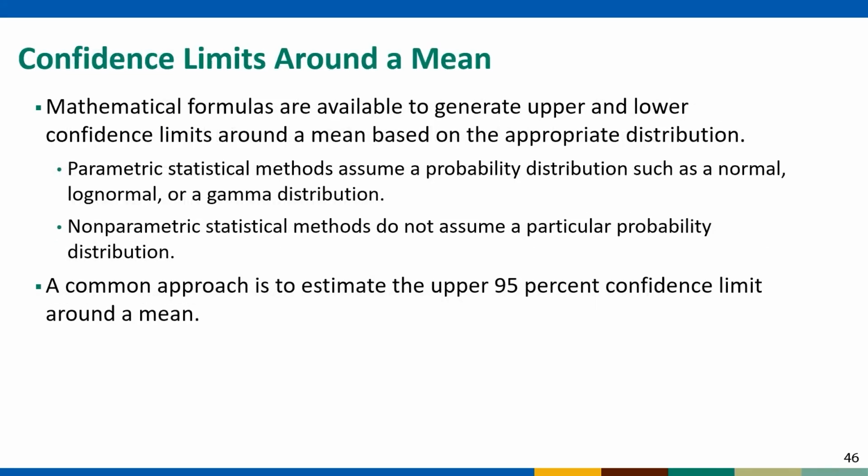When we calculate confidence intervals, we are going to use one of two approaches. The parametric statistical approach is where we assume the data are described by a probability distribution, and typically environmental distributions are modeled with normal, log normal, or gamma distributions. There are other distributions out there, but these are the big three in the environmental statistics world.